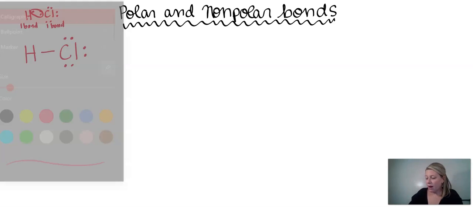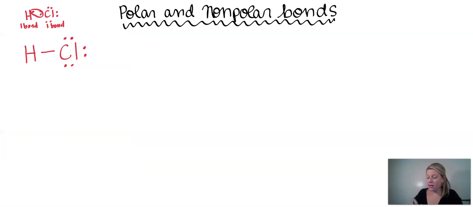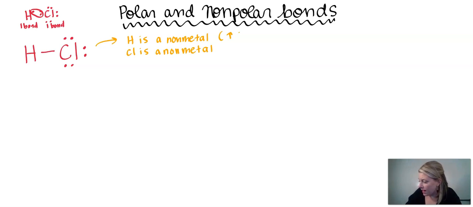But my question is, how do I know that this is in fact a covalent molecule, a covalent bond? Just a refresher, the way we distinguish that it's covalent is that hydrogen is a nonmetal and chlorine is a nonmetal. That means they both have high ionization energy and high electronegativity, and neither of these wants to give away its electrons.